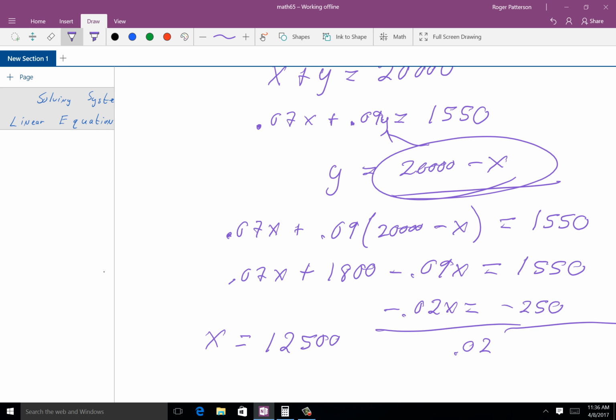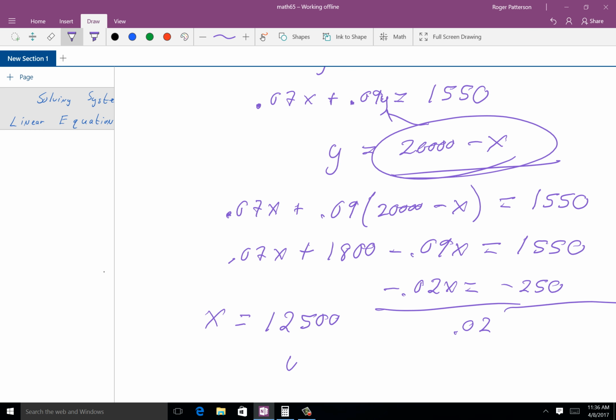And then it would be really easy to find y by just substituting that into there. Okay? And then you can get y.